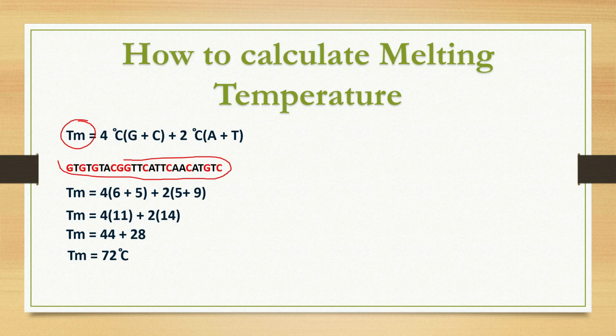Okay, we'll count these G's and C's and put their number in the formula, and similarly we'll put the number of A's and T's in the formula and calculate as per the formula, and ultimately we'll get the result of 72 degrees Celsius, which is a very ideal melting temperature for a primer.